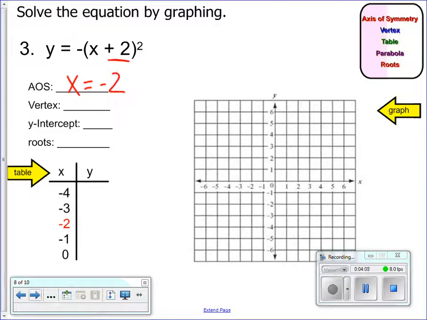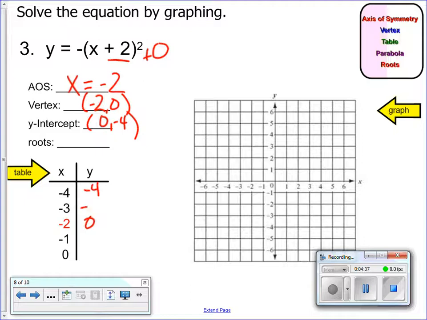All right, this one is in vertex form, so my axis of symmetry is right here, so x equals negative 2. My vertex is plus 0 out here, so my vertex is negative 2, 0. If I plug in 0 for my y-intercept, I get 0, negative 4. I will make my table, so I'll put my vertex in the center. And if I plug in negative 4, I get negative 4.